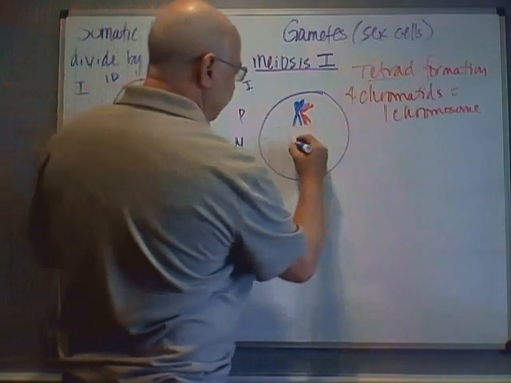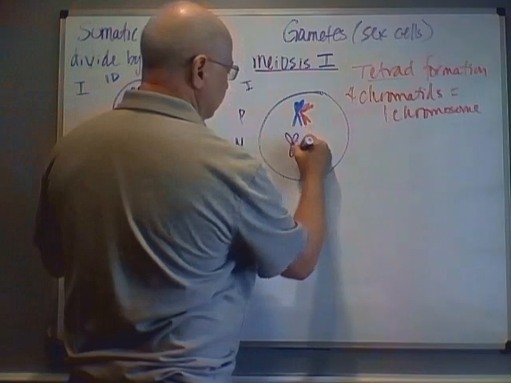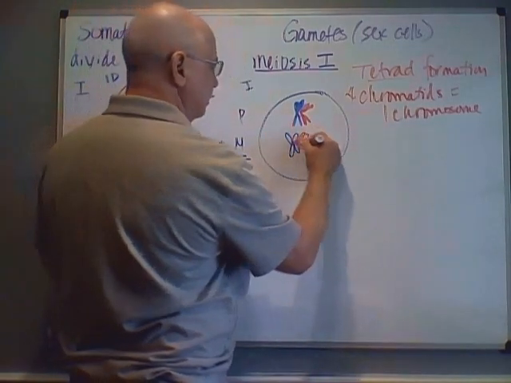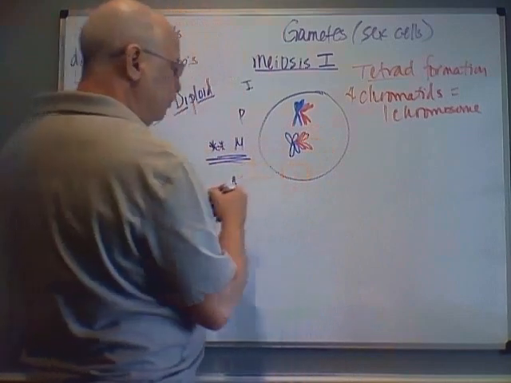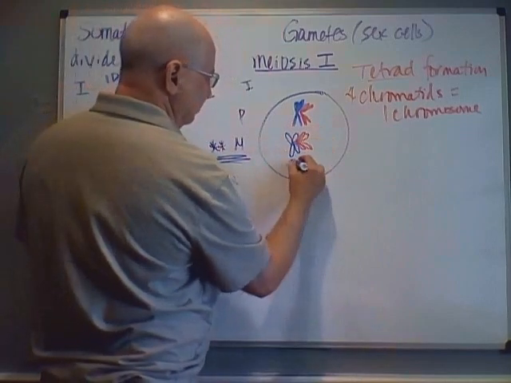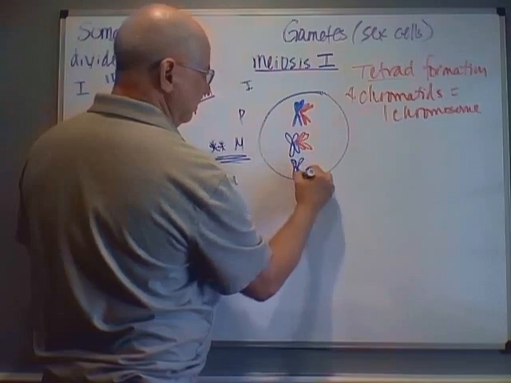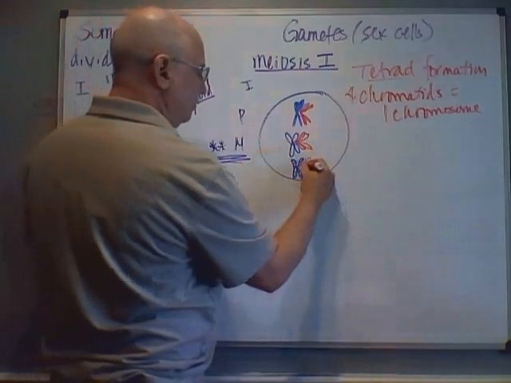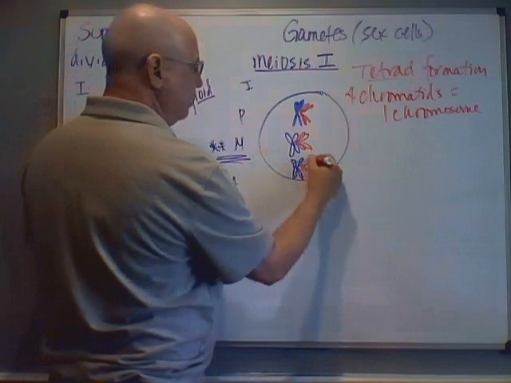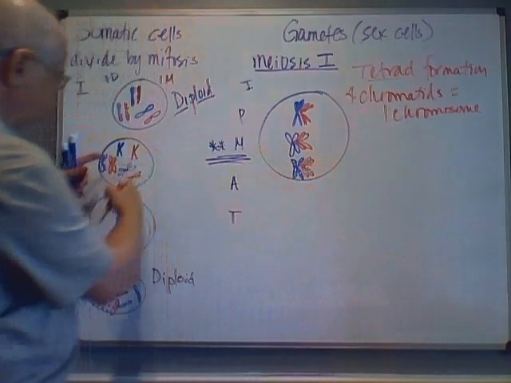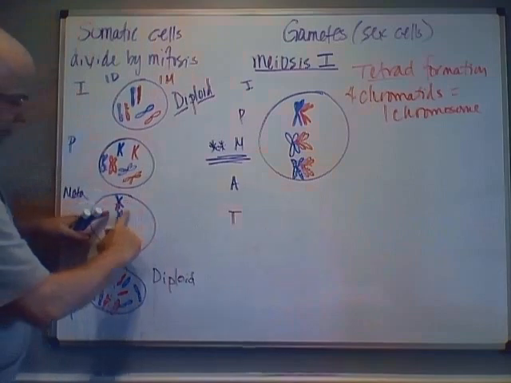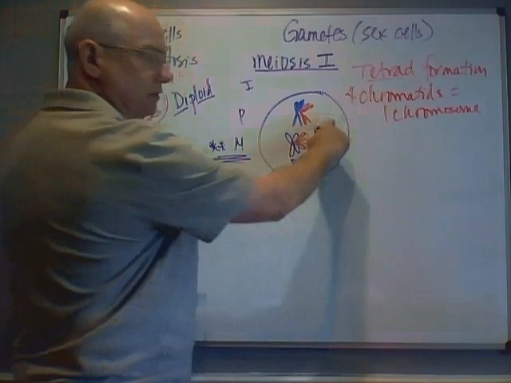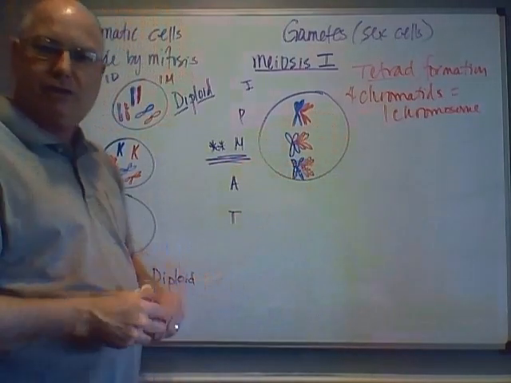Chromosome number 2 from dad might look like this, and chromosome number 2 from mom is going to stick to it. And chromosome number 3 from dad might look like this, with its little stripedness. And chromosome number 3 from mom, you can see how from this lineup, I literally break each chromosome in half, but in this lineup, I'm going to pull an entire tetrad across, okay?